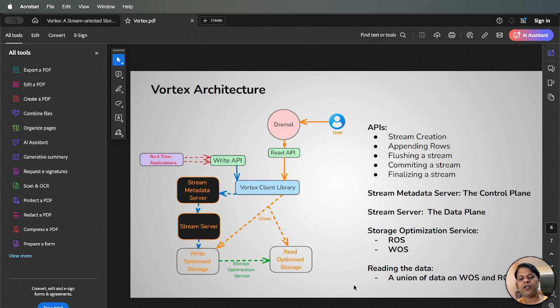Again, as we talked about, Vortex mostly uses write-optimized storage. Main reads are present on Colossus for the users to query, but when the data is still in write-optimized storage, it is the Vortex client library which talks to these two storage points and makes sure all the data from both these storage systems gets unioned and sorted in the query result.